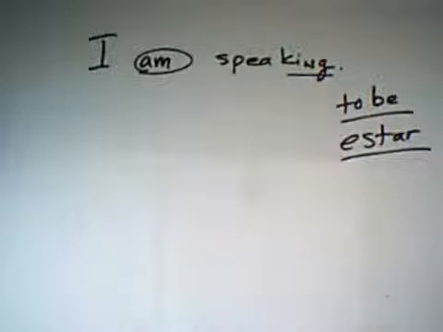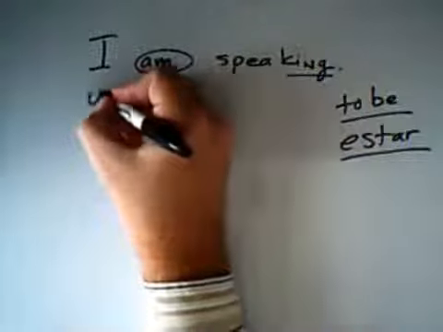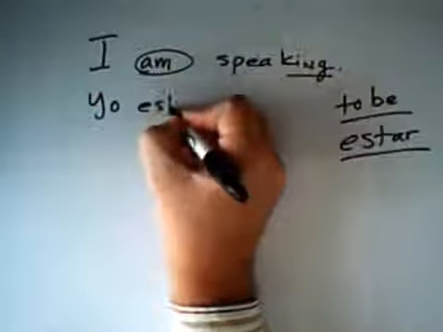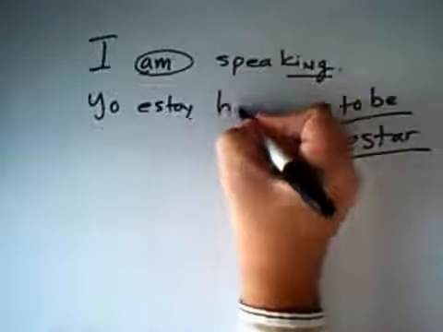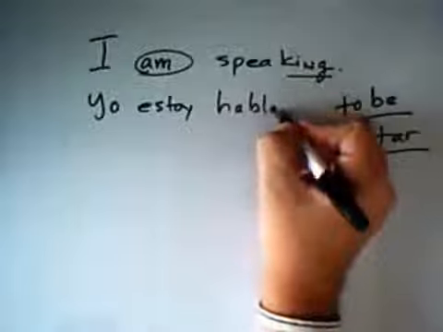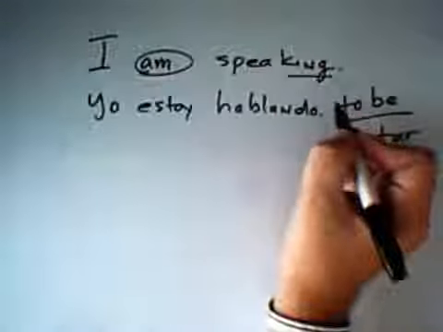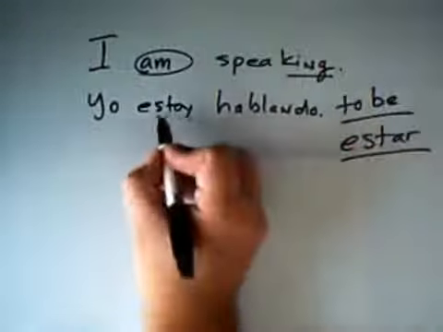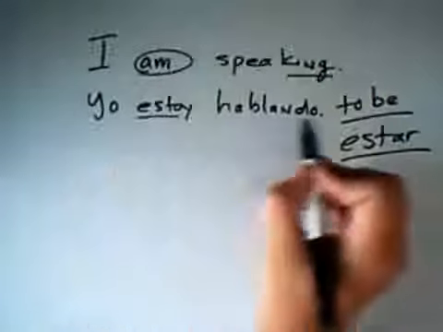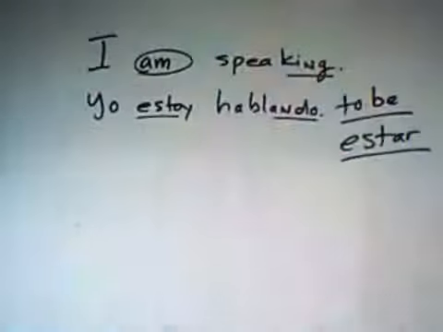I will be speaking. Okay, this one would be something like yo estoy hablando. Yo estoy hablando. Here we have a form of the verb estar, to be, and our ando on the form hablando is the equivalent of the ing in speaking.